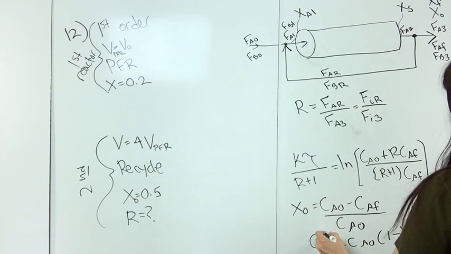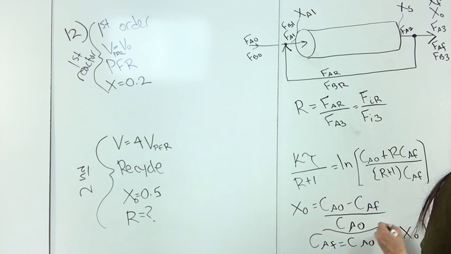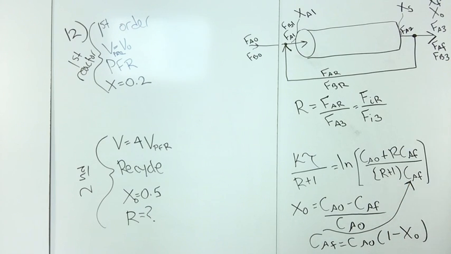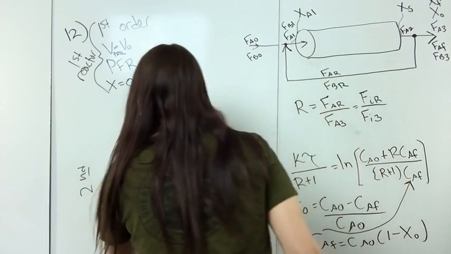So then you can plug this into here and get this equation in terms of CA naught and X naught, and CA naught should cancel out. I'm going to erase this real quick.